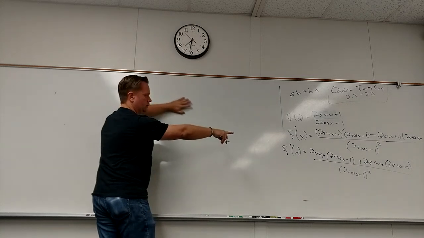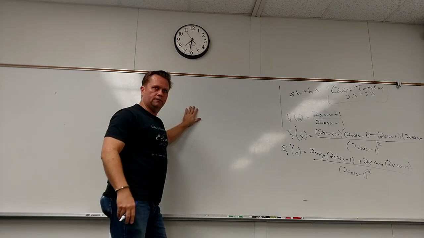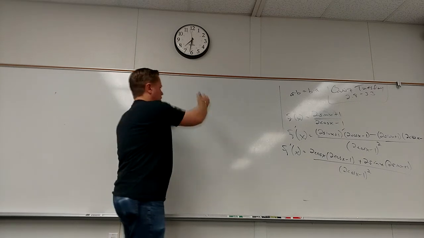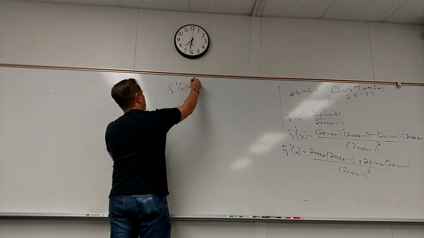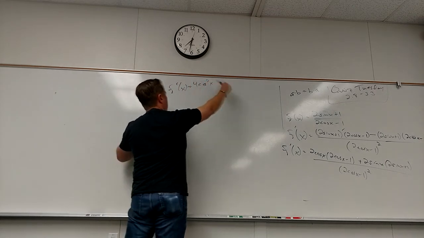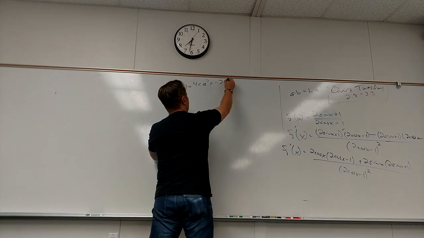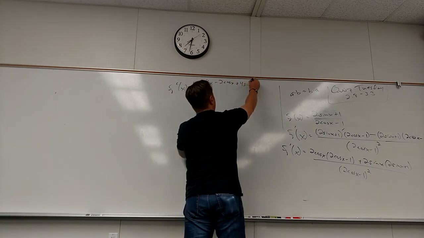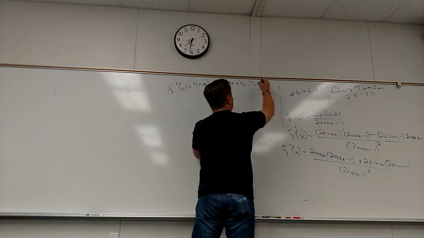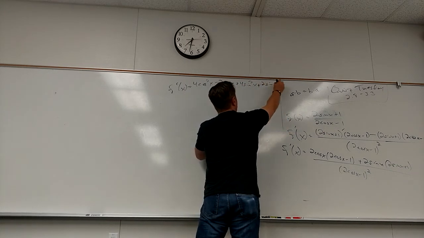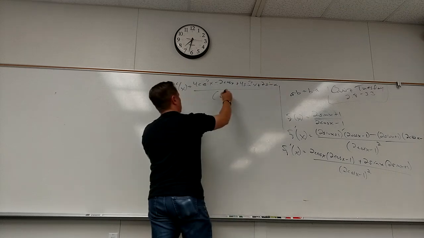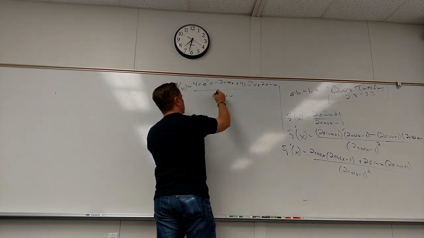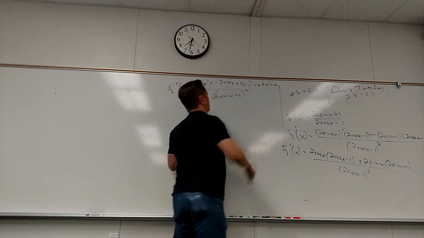So let's see. What can I do next to start to simplify this? Obviously, I do what? Distribute. So I get 4 cosine squared x minus 2 cos x plus 4 sine squared x plus 2 sine x, all over 2 cosine x minus 1 squared.